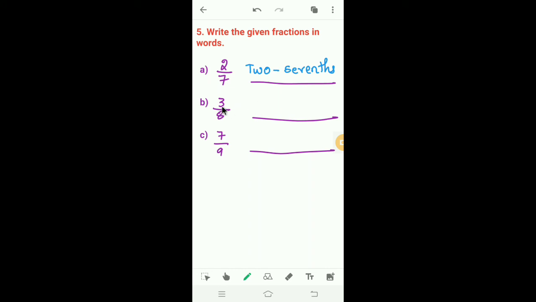We can write 3 by 8 as 3 hyphen 8. Next C, 7 by 9. We can write 7 by 9 as 7 ninths.